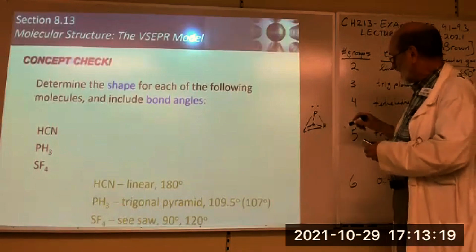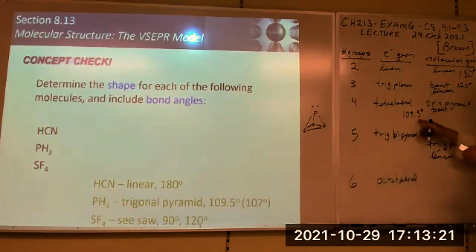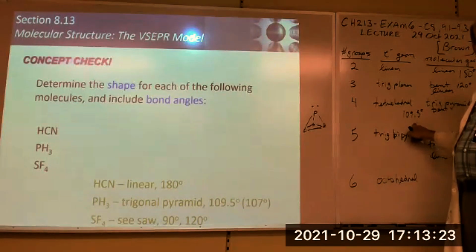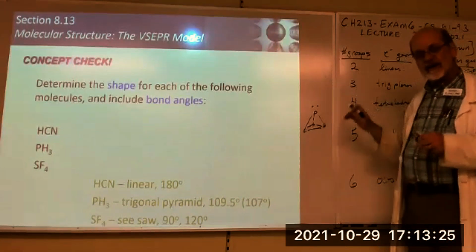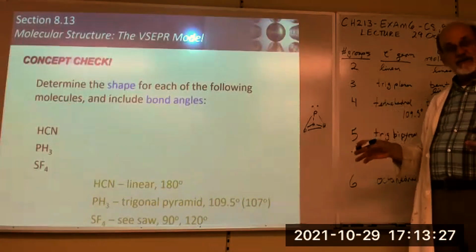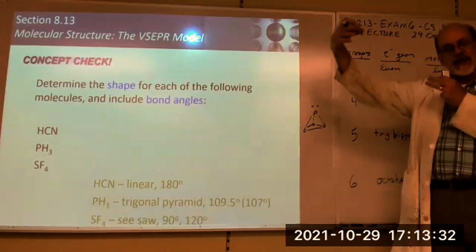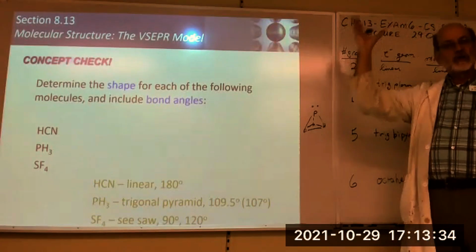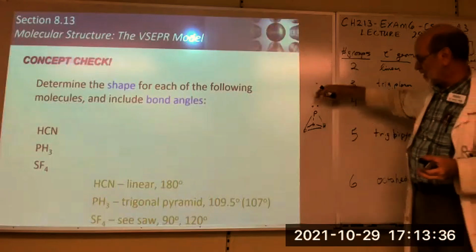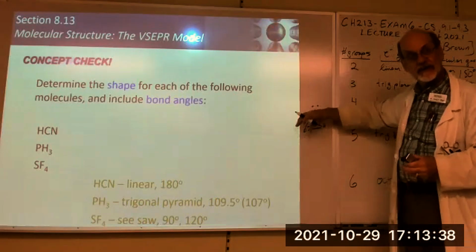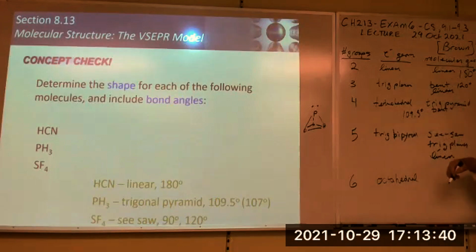The bond angles here would start out at 109.5. But free or unbonded electrons are not confined by a neighbor, so they tend to balloon. And their repulsive effects tend to squash these down. So it'd be something less than 109.5, 107, 108, something like that.